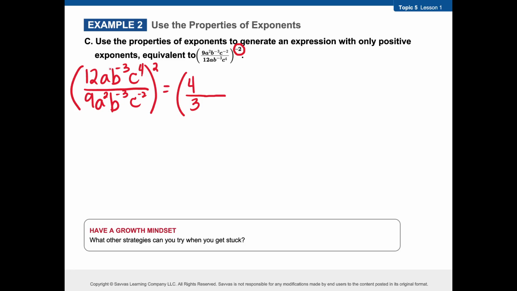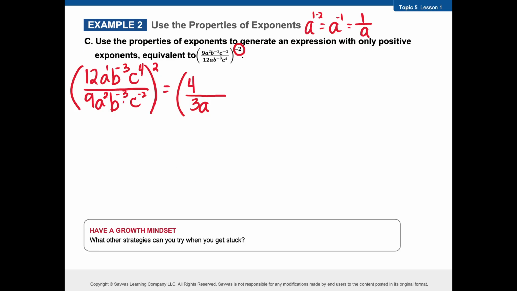Any variable that's by itself has a little 1. So if I do same base, and then if I do 1 minus 2, I am left with a to the negative first power. But I cannot have negative exponents. So to make it positive, I do the reciprocal 1 over a, which means a goes now to the bottom.